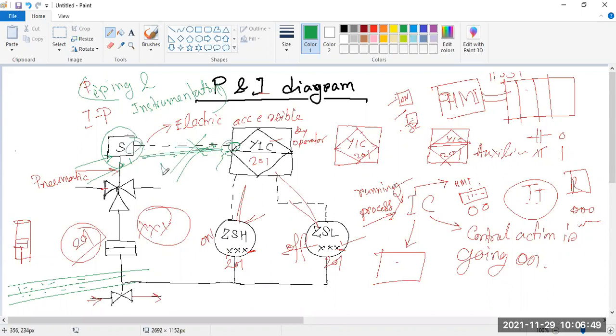The total distance may be 100 meters. So it is not possible to check 100 meters, or maybe it may be 1 kilometer, because in industry the control panel is situated very far from the furnace, because it is a totally sophisticated device, and it is covered under an iron compartment, just like a railway compartment.